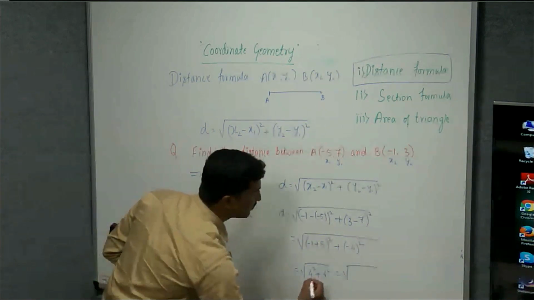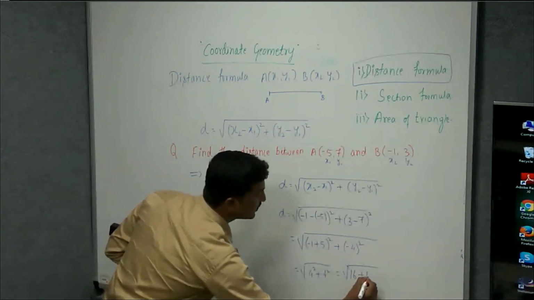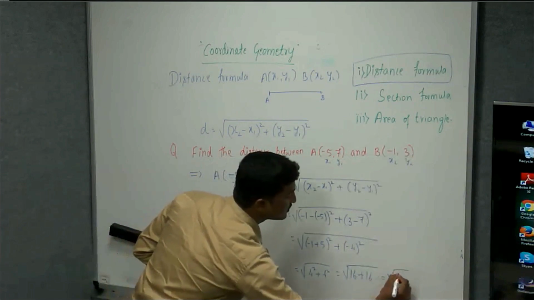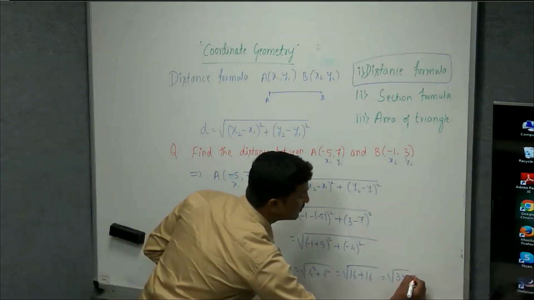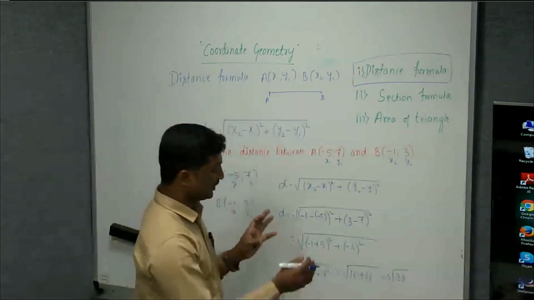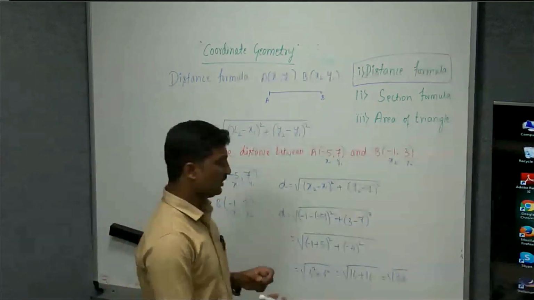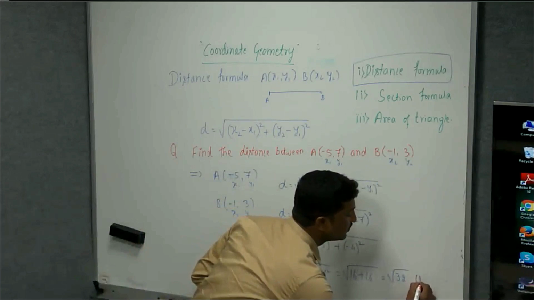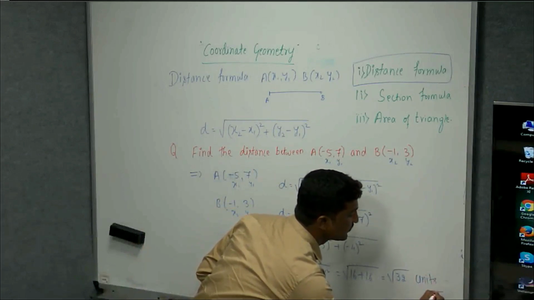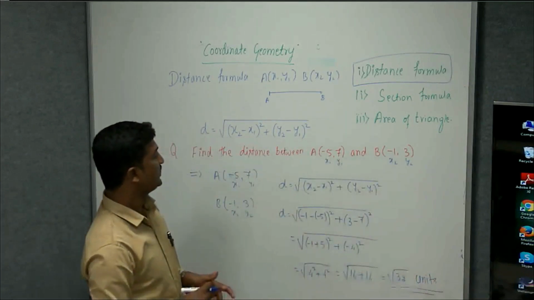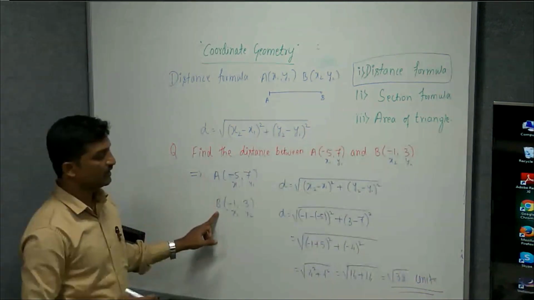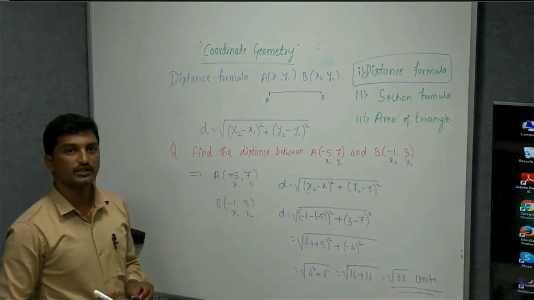So 4 4s are 16 plus 16, that is square root of 32. You can simplify this if it is a perfect square. If not, no problem, write down units. So this is the distance between point A and B in a Cartesian coordinate system.